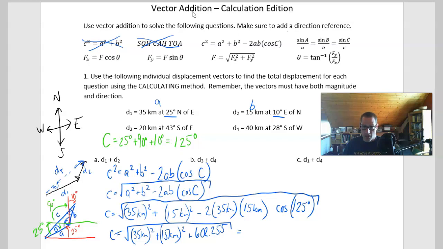Okay, and then we're going to add 15 squared plus 35 squared. So you should be getting something like the square root of 2052.2 and so on. And I'm going to take the square root of this.